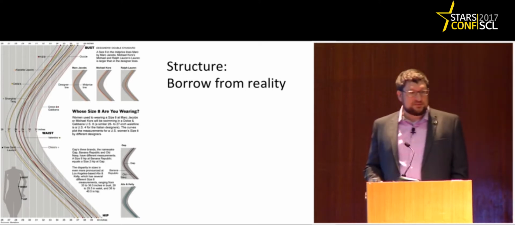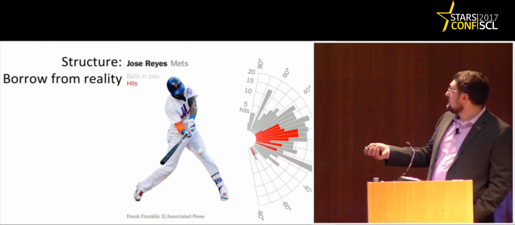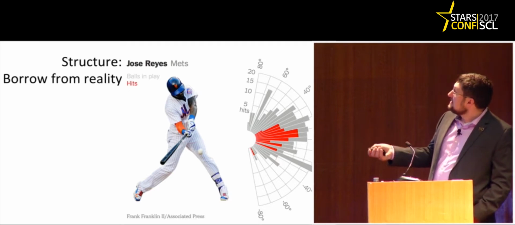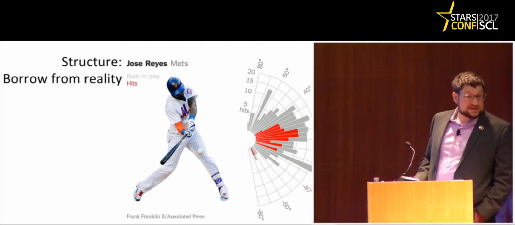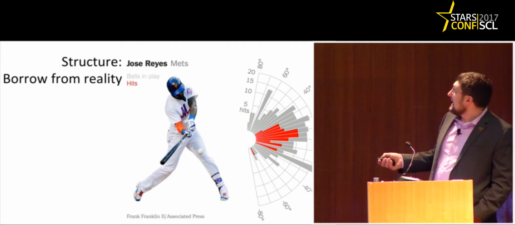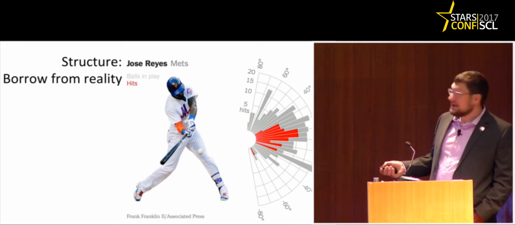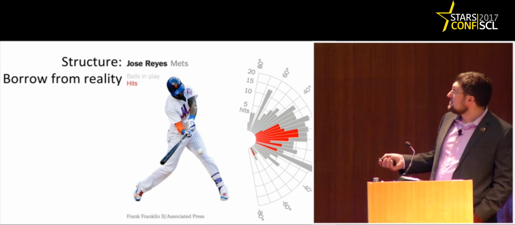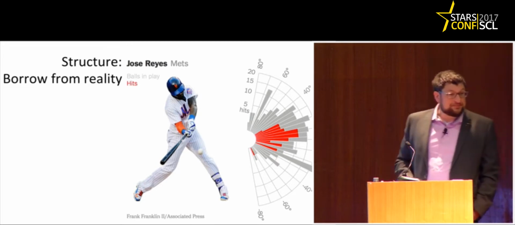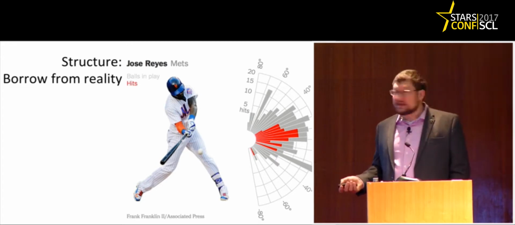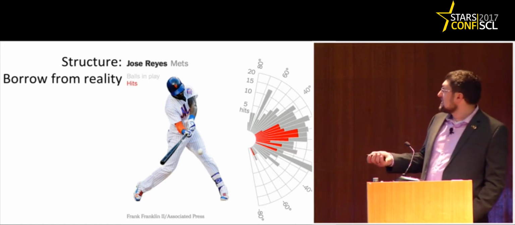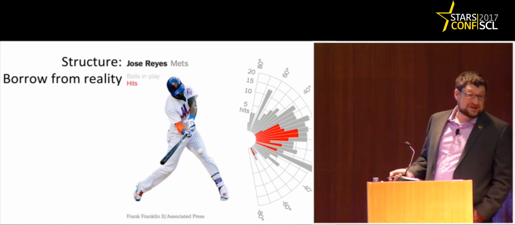Here's another example. Baseball. These are the angles that the ball was hit. Number of times the hit was at that angle, and then which hits were successful and which ones were not. And this is great because we can say, oh, looks like when he hits down here, not much luck.